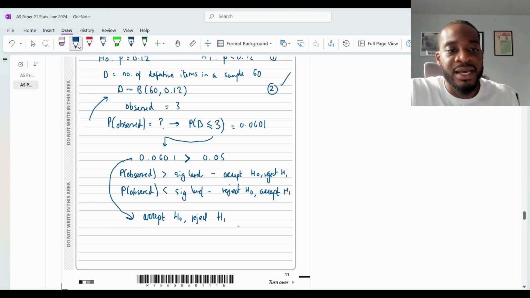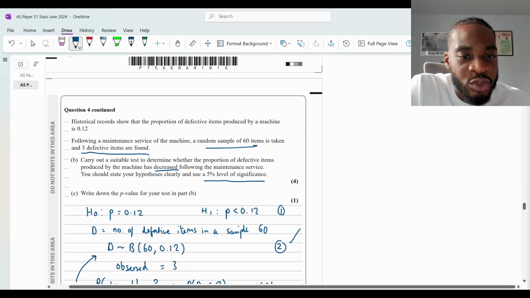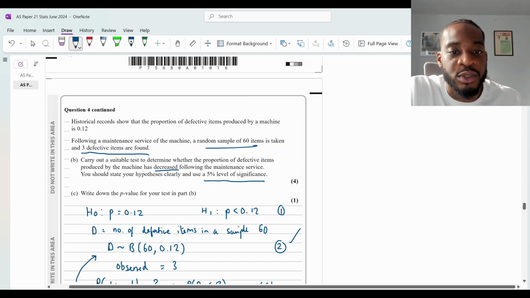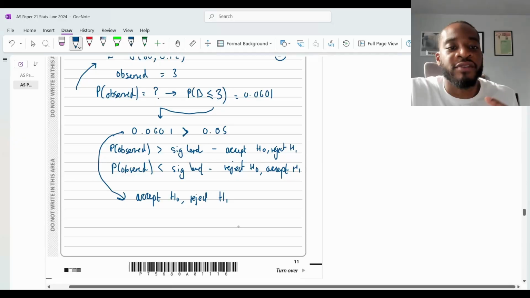We're accepting that. And so we're saying that in this investigation, there's not sufficient evidence that the proportion of defective items has decreased, right? We are assuming the null hypothesis to be true.